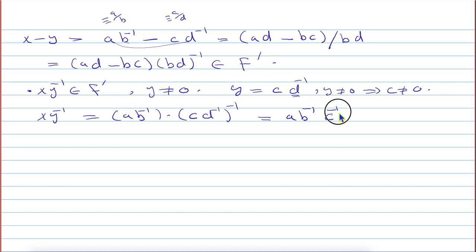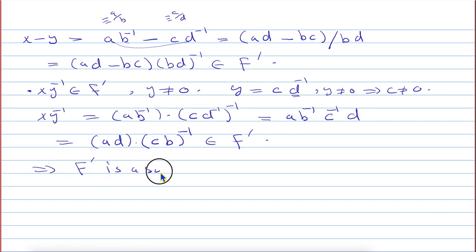So C inverse and D inverse inverse, which is D. By rearranging, this equals AD times CB all inverse, and this is in F prime. So this implies that F prime is a subfield of F.